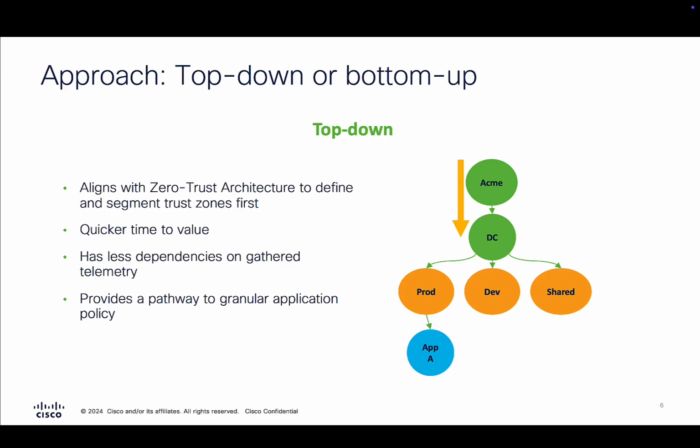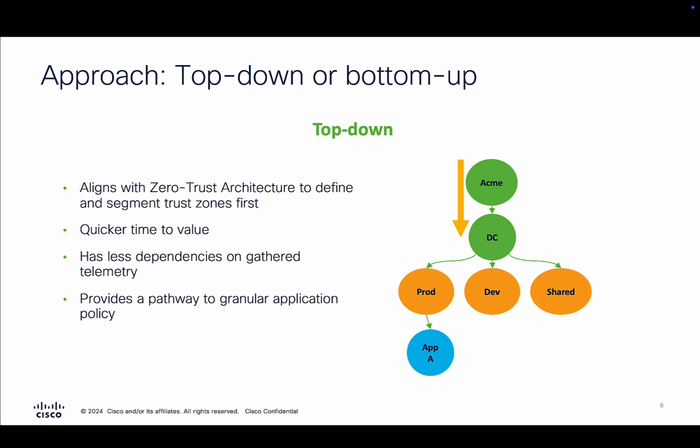So it gives you a very quick time to value when you're starting in such a manner from top down. Once you have that initial set of guardrails in place, at that point you further move down, you select a set of crown jewel applications, and you start working your way down from there on.